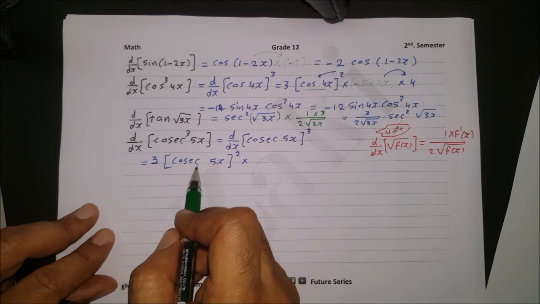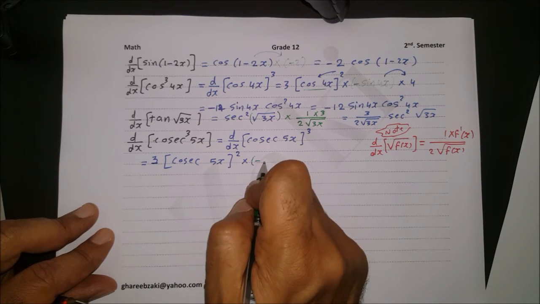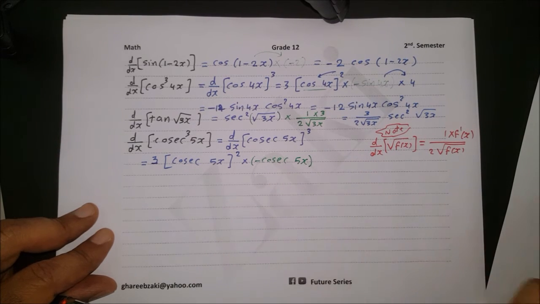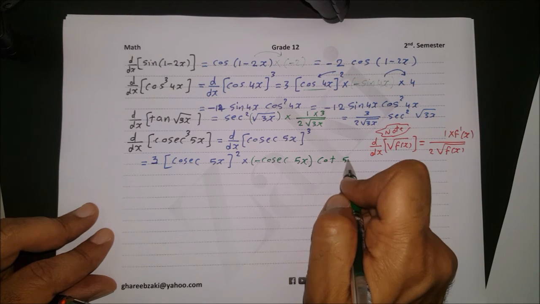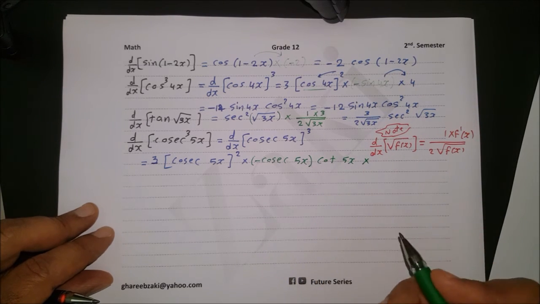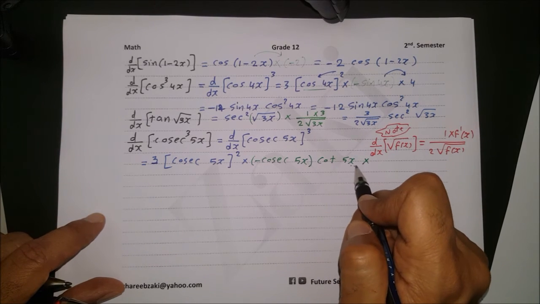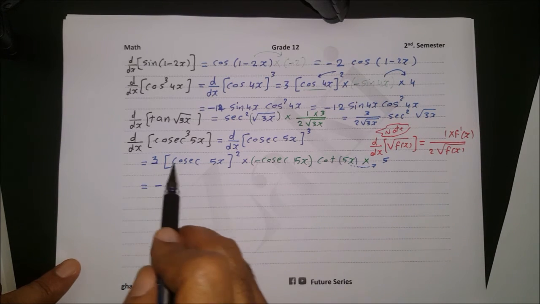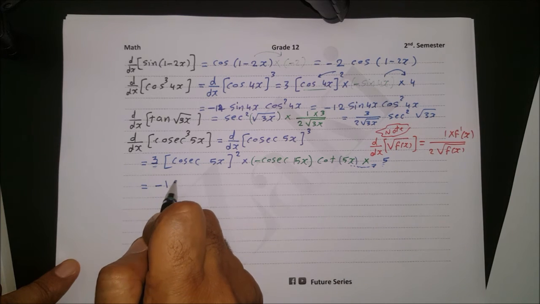The derivative of cosec is negative cosec cotan. So it's negative cosec 5x cotan 5x, multiplied by the derivative of the angle. The derivative of 5x is 5. Negative, and then the number 3 multiplied by 5 is 15.